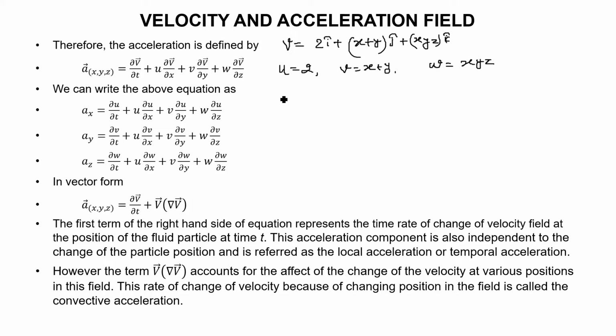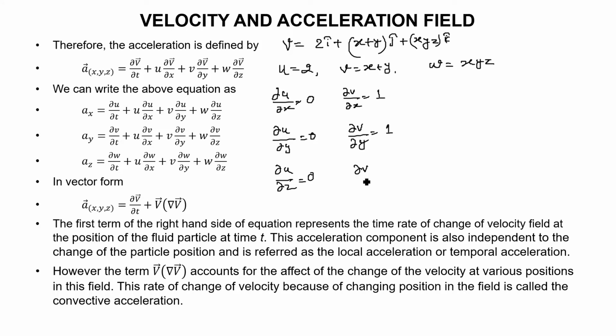If we find ∂u/∂x, it will be 0 as u is independent of x, y, z. So, ∂u/∂x = 0, ∂u/∂y = 0, and ∂u/∂z = 0. Now, ∂v/∂x = 1, and ∂v/∂y = 1, since the derivative of this velocity with respect to y gives the value 1.